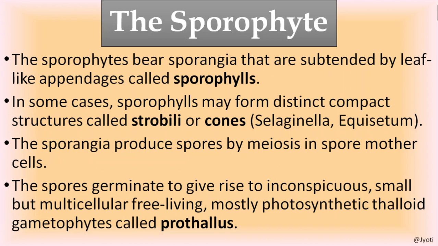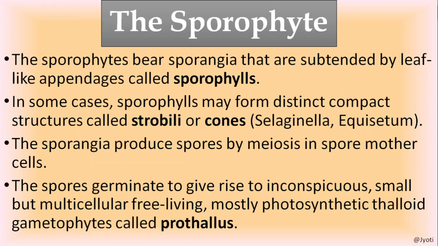gametophyte. So what is the nature of gametophyte here? This is opposite to the bryophyta. In bryophyta, the main plant body is gametophyte, which is differentiated into root-like, stem-like and leaf-like structures. But in pteridophyta, the sporophyte is the main plant body, which is differentiated into root, stem and leaf.